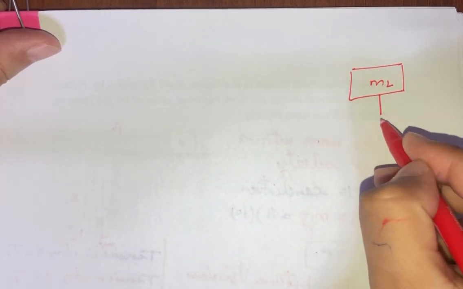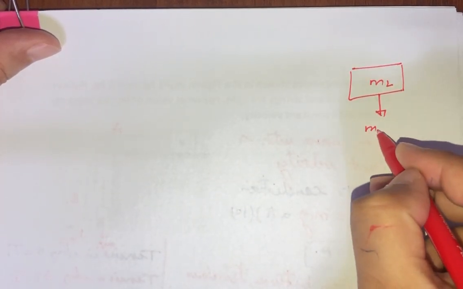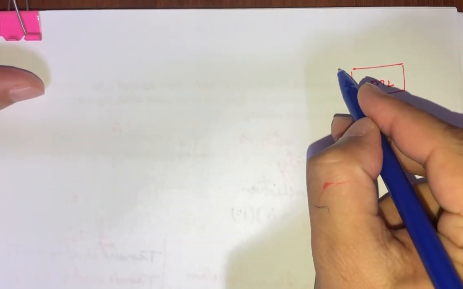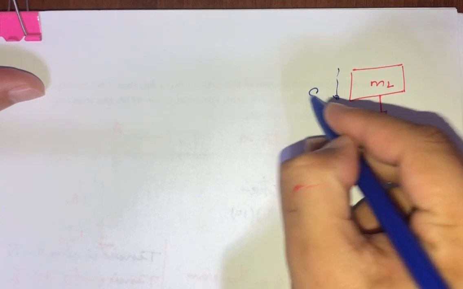Next, let us draw the free body diagram of mass M2. This is mass M2. In the downward direction it has M2G, and we already found that it has acceleration A in the downward direction.